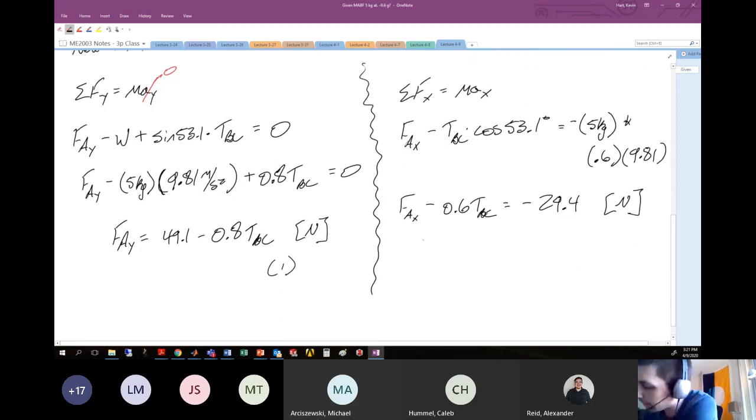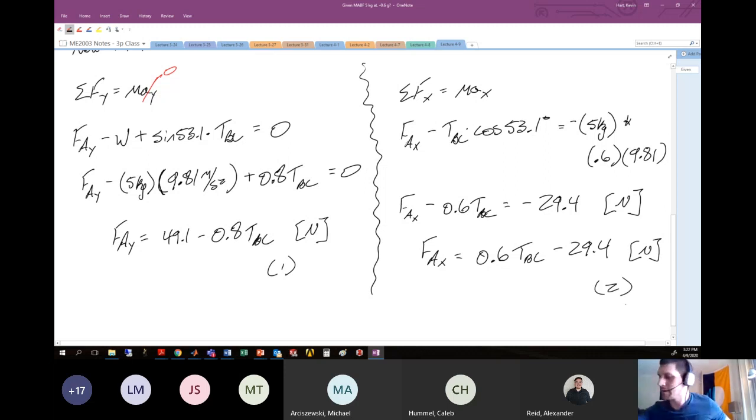So let's rearrange for FAX. And here we'll have 0.6 T BC minus 29.4, units on this equation, newtons. Here, this is relationship number 2. So here we have FAY in terms of the tension, FAX in terms of the tension. So we have now 2 equations and 3 unknowns. So we need another equation.